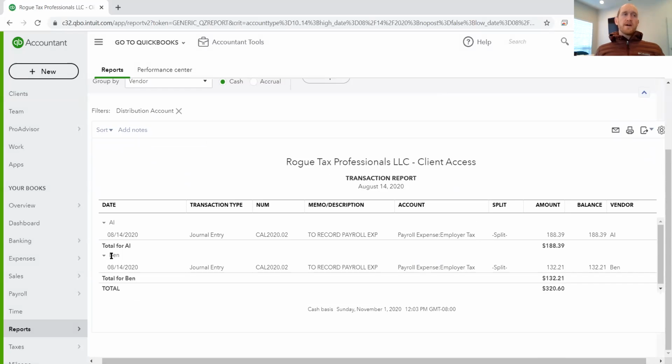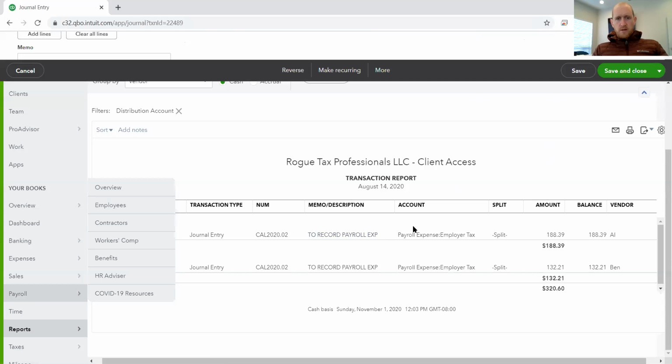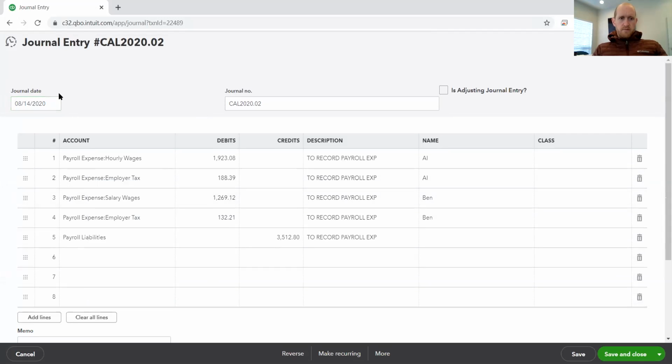You could just do under payroll expense, Al payroll, Ben payroll, Cassie payroll, etc. Just make a separate account for them if you want to do that. But that's how you enter this journal entry.